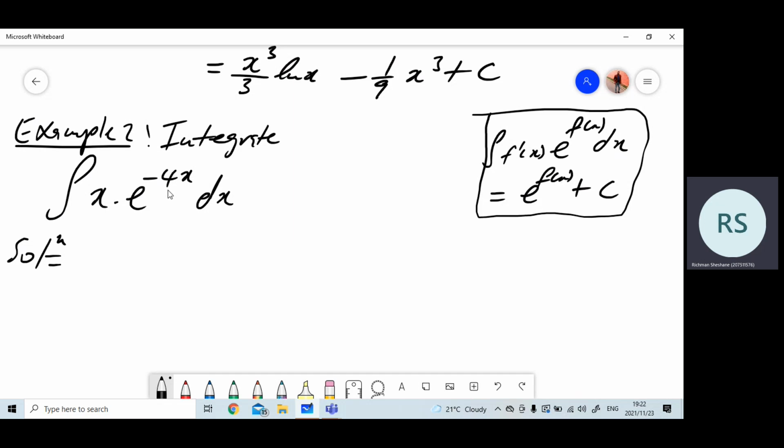If you check here, you have a function, and you don't know if it's f prime. You always need to check your power function to see whether you can use the standard integral. The derivative of this is minus 4. You don't have minus 4 here, and you have an x, so you can't use the standard integral.